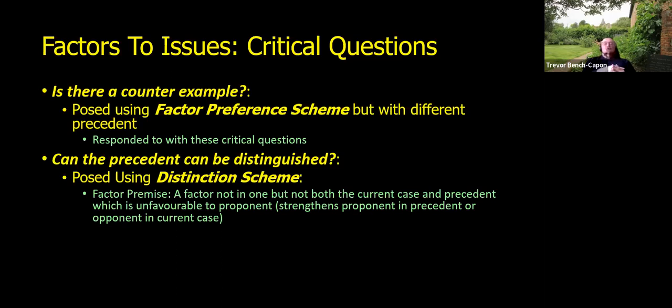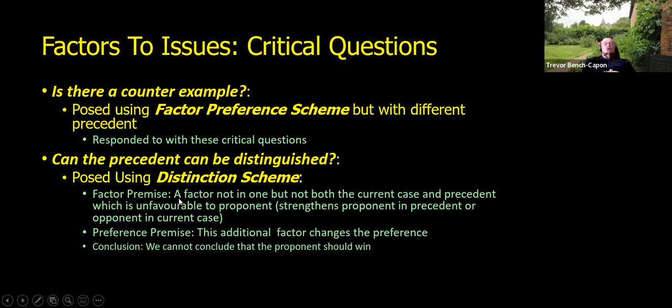Strengthens the proponent in the precedent, or strengthens the opponent in the current case. We have a precedent statement which says that this additional factor changes the precedent, and the conclusion is that we cannot conclude that the proponent is doing. And we have a distinctive set of particular questions to this thing.